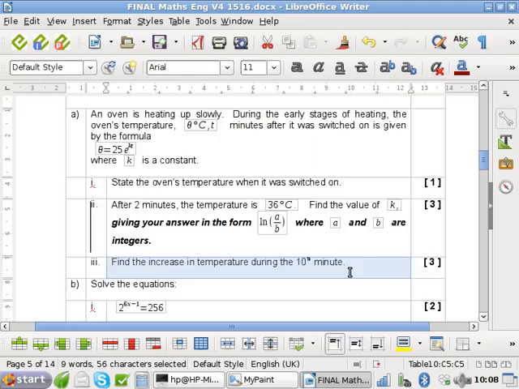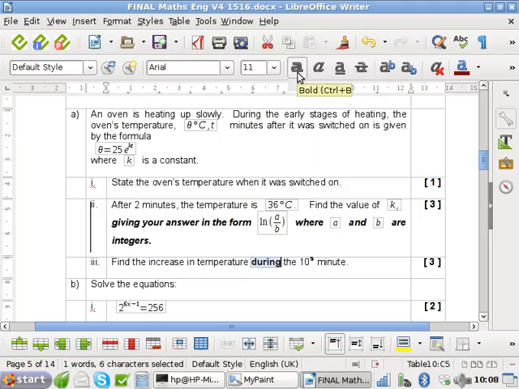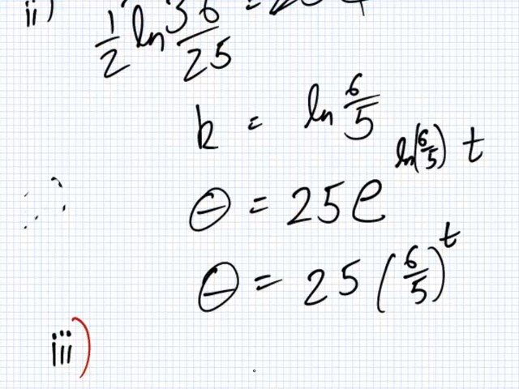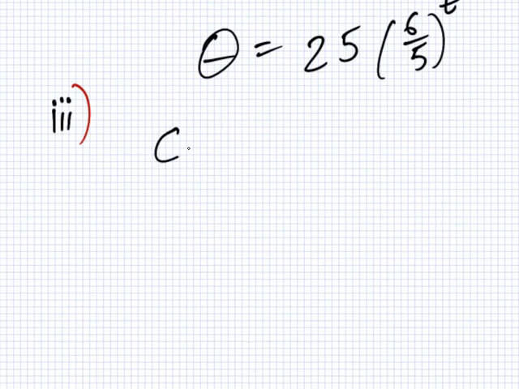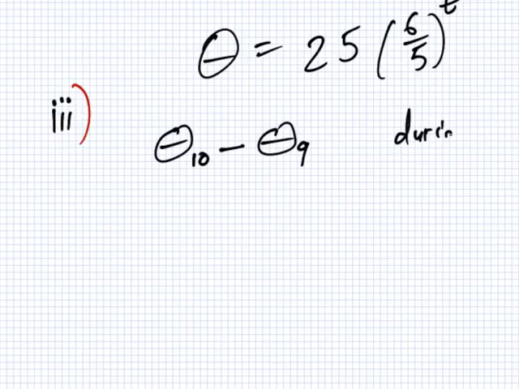Now that's the key word here. What they want you to do is find the temperature after 10 minutes minus the temperature after 9 minutes. This is during the 10th minute.